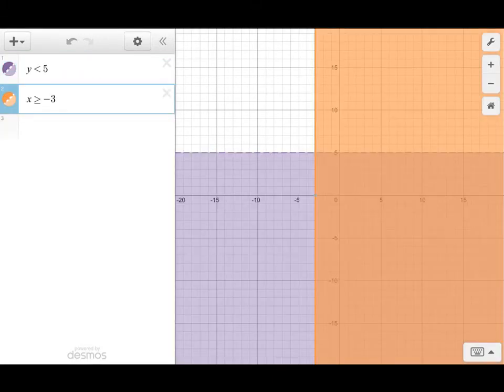This is a graph of both these conditions of the system graphed at one time. Over here, all the answers for x greater than or equal to -3. Over here, all the answers where y is less than 5. You'll notice there's a region which has no shading.